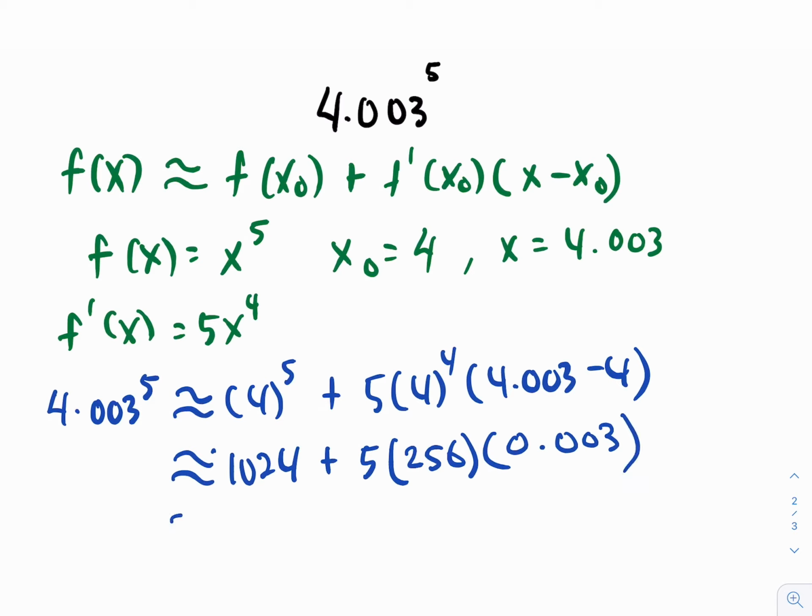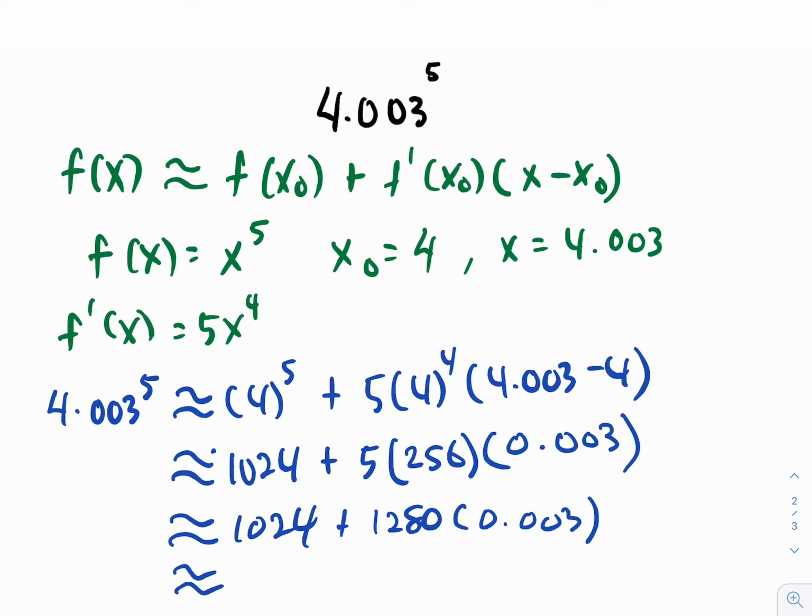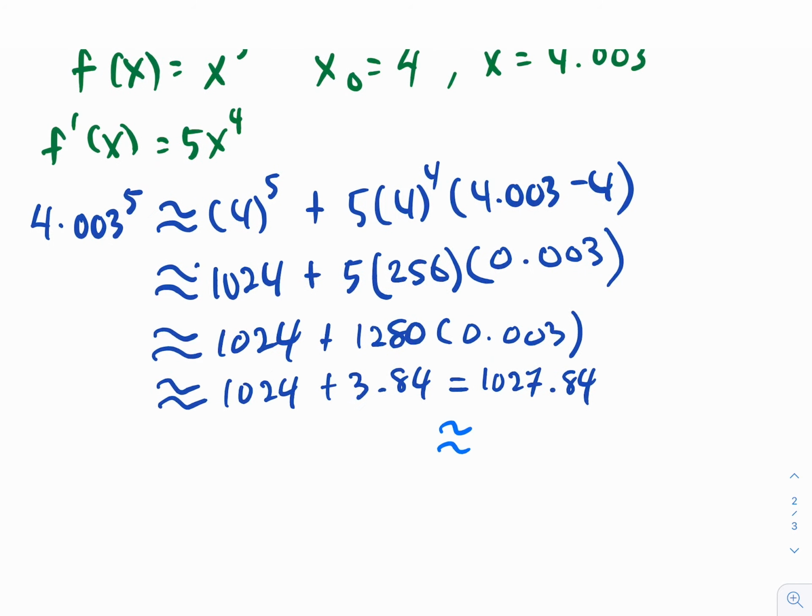If we calculate this, we have 1280 multiplied by 0.003, and the final answer is 1027.84. If you check with your calculator, 4.003 to the power of 5 is about 1027.84576432, and so on.